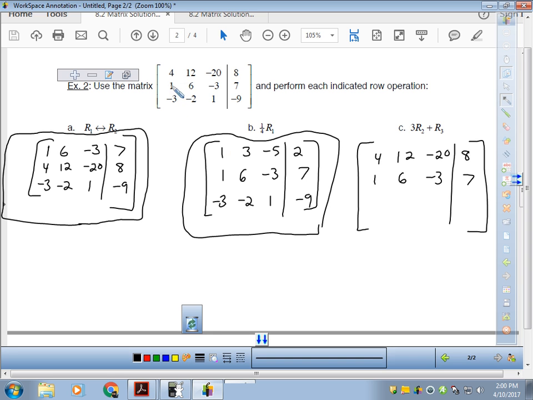So 3 times 1 is 3. 3 plus negative 3 is 0. 3 times 6 is 18. 18 plus negative 2 gives us 16. 3 times negative 3 gives us negative 9. Negative 9 plus 1 is negative 8. 3 times 7 gives us 21. 21 plus negative 9 gives us 12.